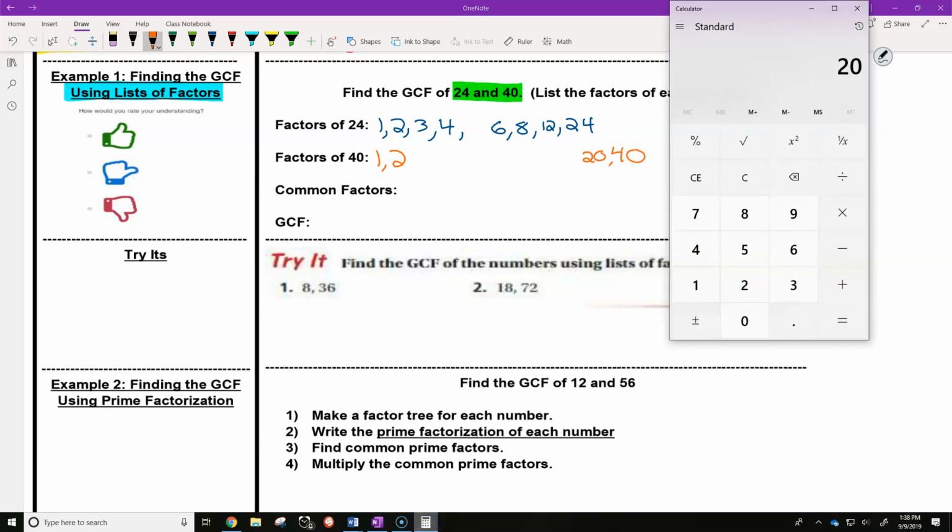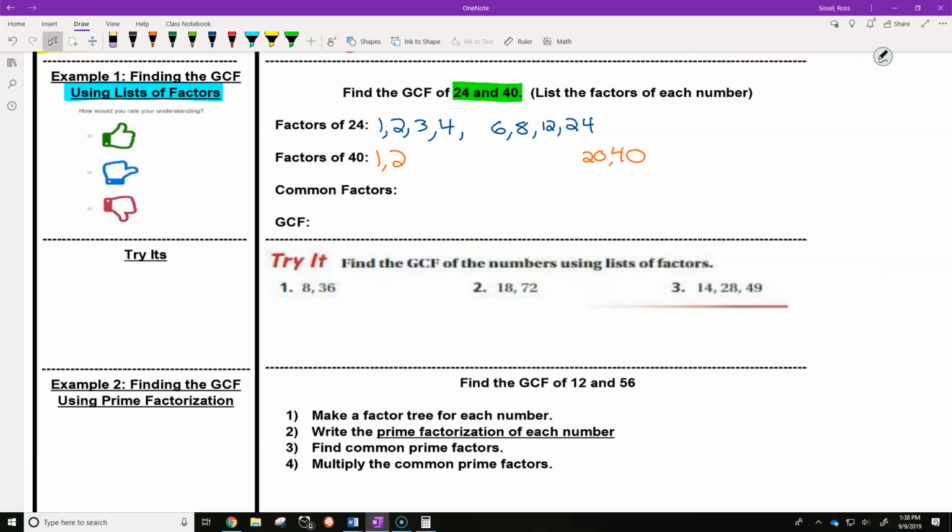I go back to my calculator. 40 divided by, after 2 comes 3. Did it go in evenly? We get a decimal. 3 is not a factor of 40. Now I'm going to check what number? 4. 10 times.